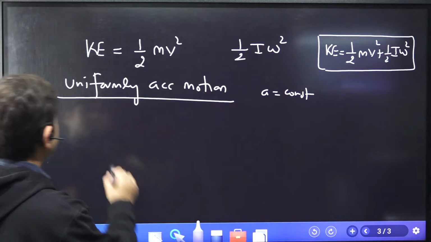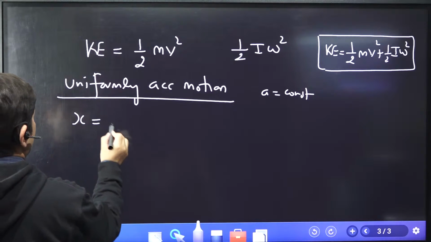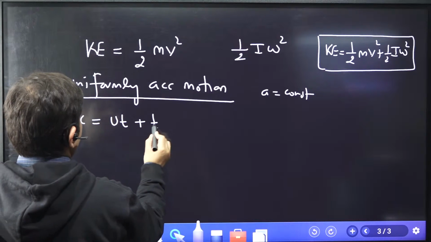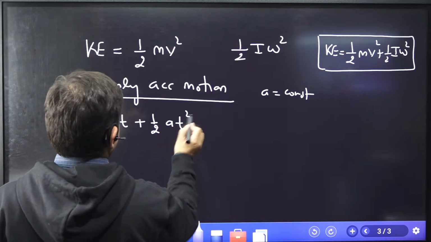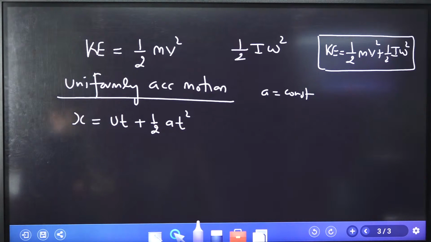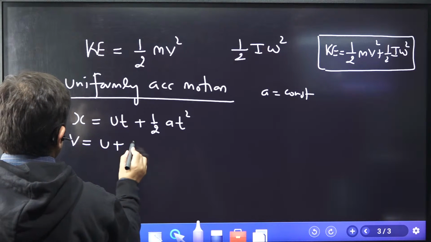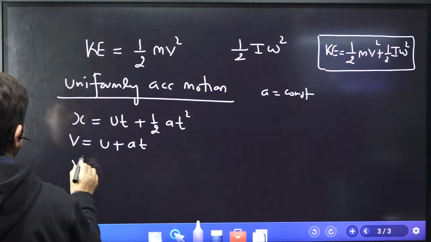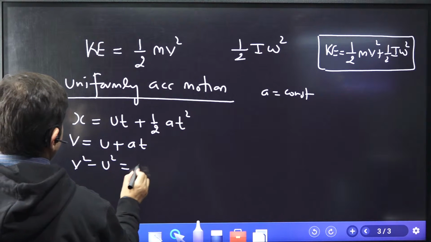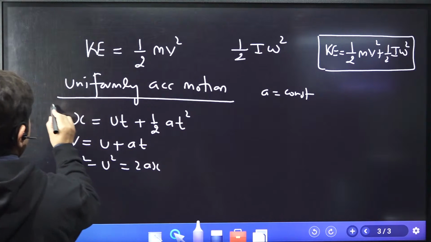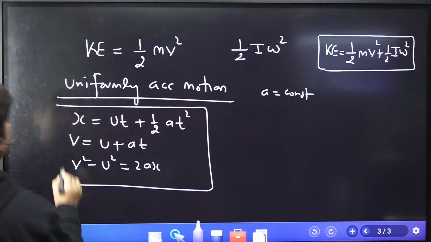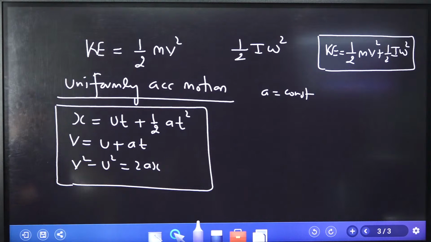What are those equations? x or s is equal to ut plus half of at square, where u is the initial velocity, a is the uniform acceleration, a is constant, and x is the displacement. Then v is equal to u plus at, and v square minus u square is equal to 2ax. These are the three equations called uniformly accelerated motion equations.